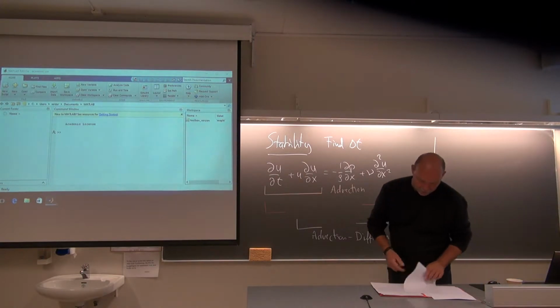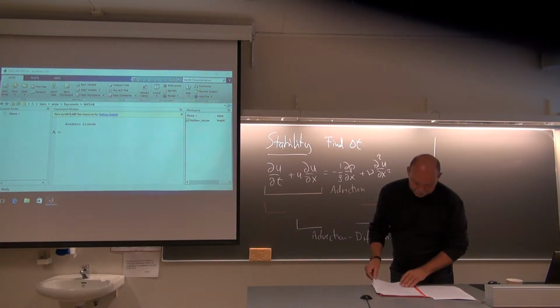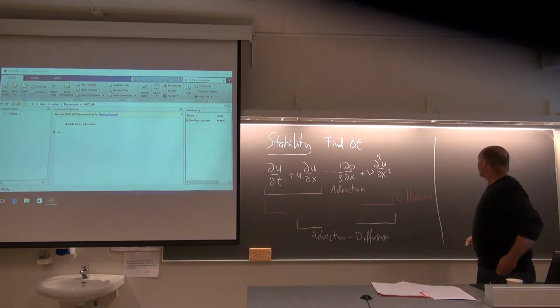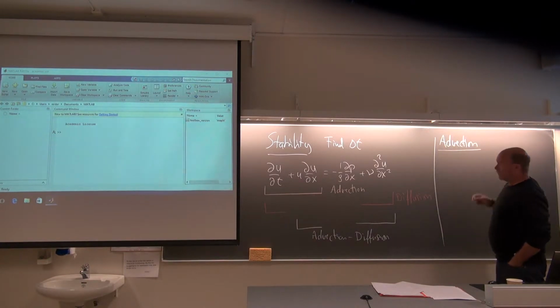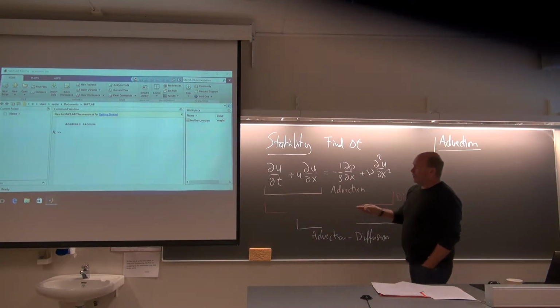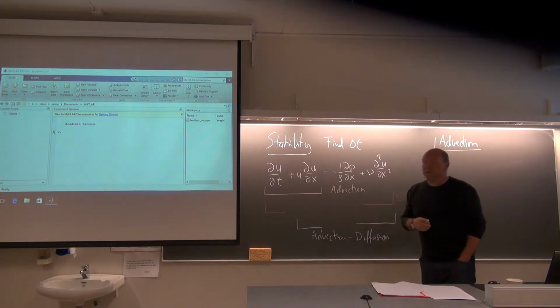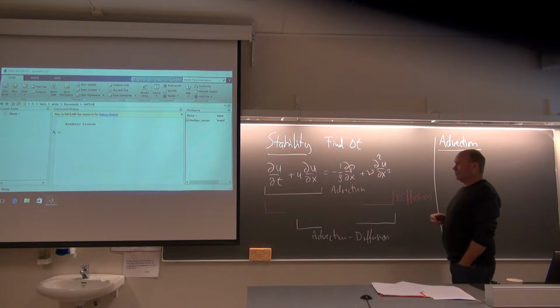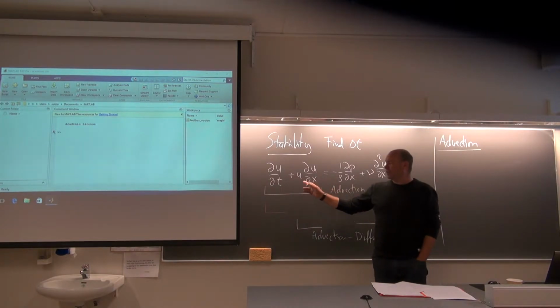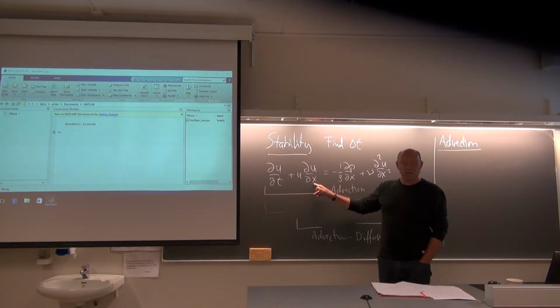So we start with the advection equation. Only the first two terms, and I cheat, because here you have a nonlinear term: a function multiplied with the derivative of a function. I don't like that.